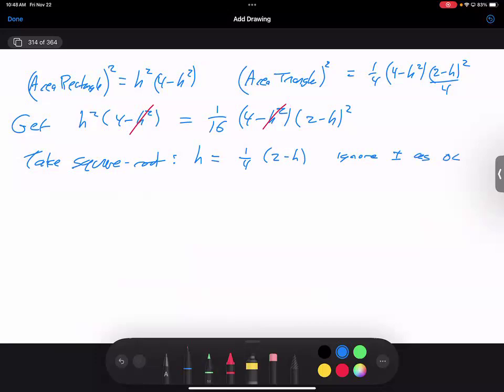As we know, 0 is less than h is less than 2. Okay, so we get 4h equals 2 minus h, or 5h equals 2, therefore h equals 2/5. And that's clearly less than 1, so that's reasonable.